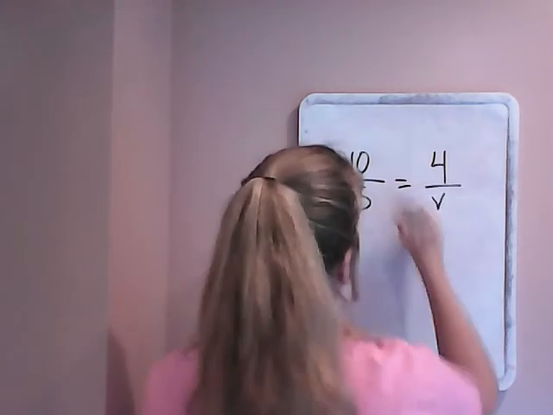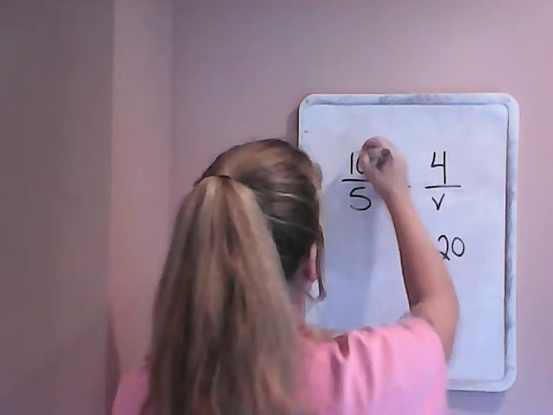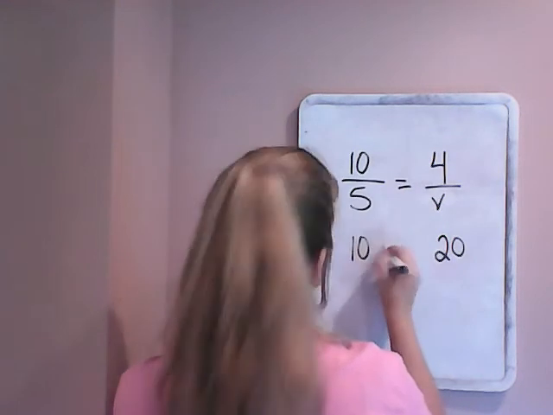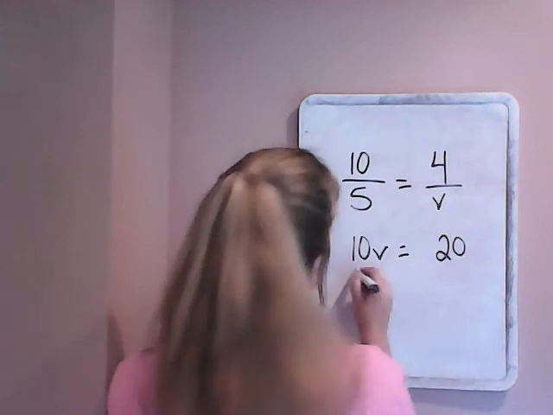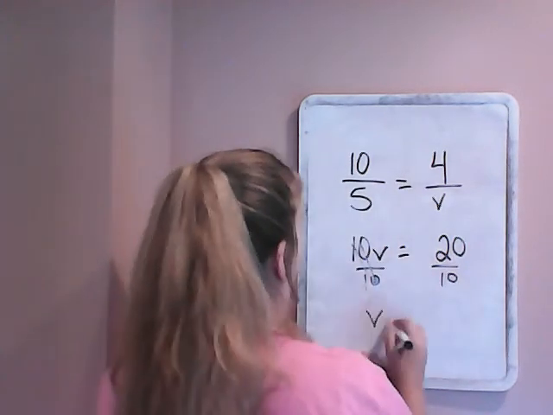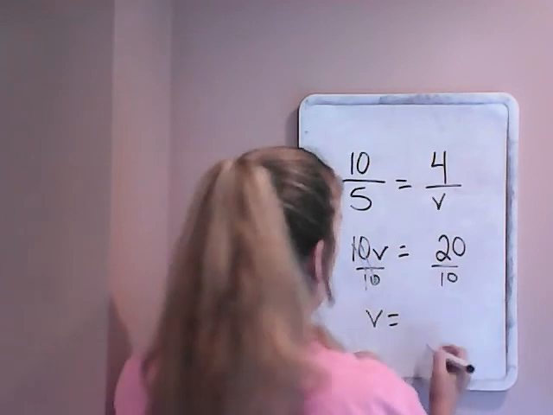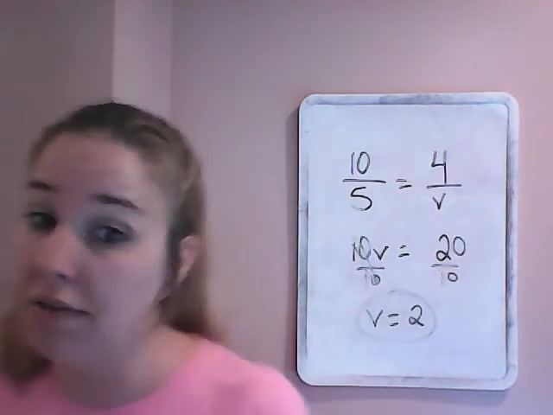If you want to write 20 here, that's cool. And then v times 10, 10v. So you can see it doesn't really matter which side we write our stuff on. Equal is equal, fair is fair. 20 divided by 10 is 2. So either way, you're going to get an answer of 2.